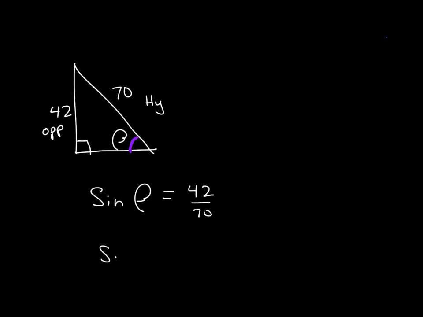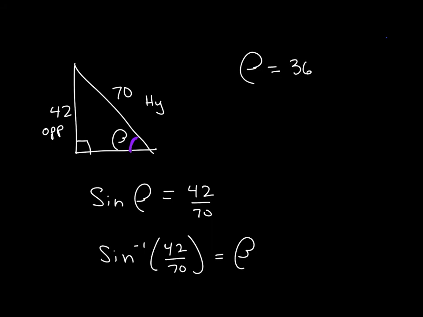And again, because we are looking for the angle, the inverse sine of the ratio of 42 over 70, that will equal the measure of the angle. And when I do that, I get angle beta is equal to 36.8698.